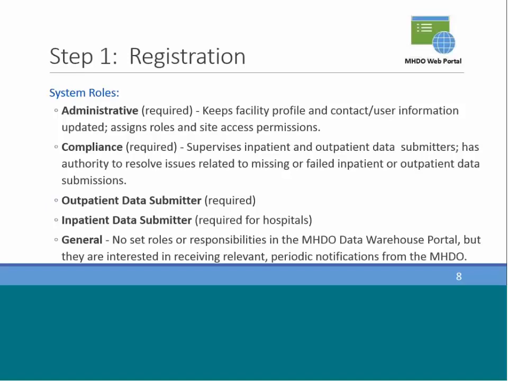The next is outpatient data submitter. This is a required role for anybody who submits outpatient data, and inpatient data submitter is a required role for hospitals. There's also a general role where there are no set responsibilities within the portal, but if they're interested in receiving relevant notifications from MHDO, it's sort of like a mailing list through the portal that they can be put on.